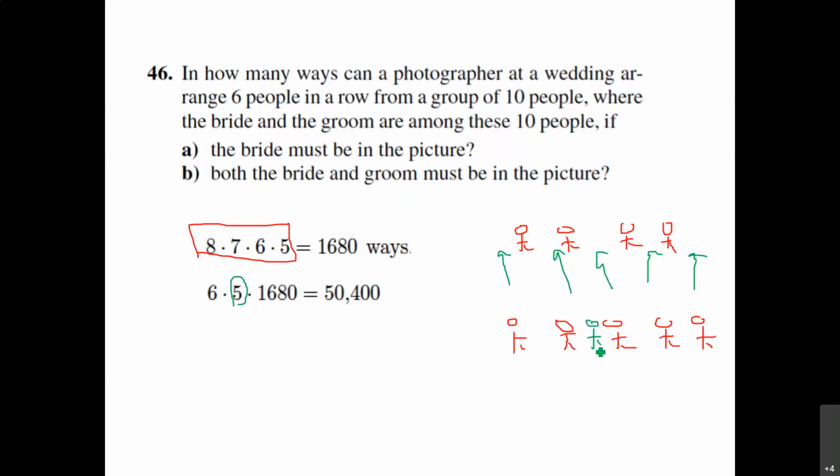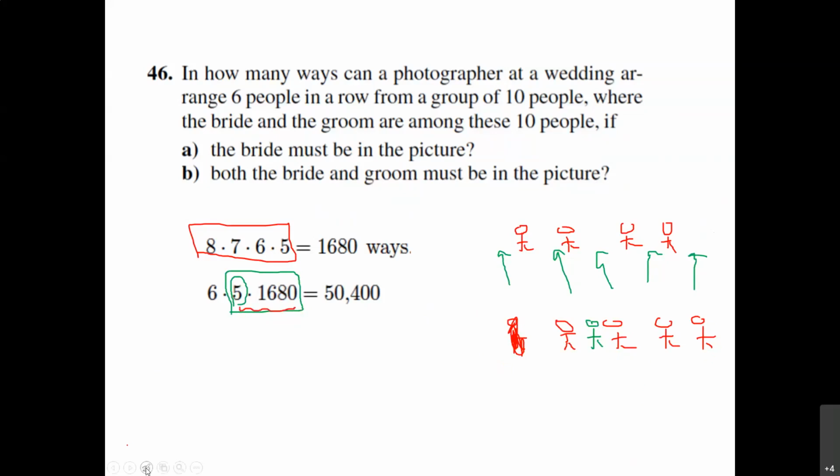Okay, so this is one, so 5 times this thing is all the possibilities where you can put the groom with those 4 people. My bad, I added an extra one. Okay, so this is one of the possibilities. These are all the possibilities.